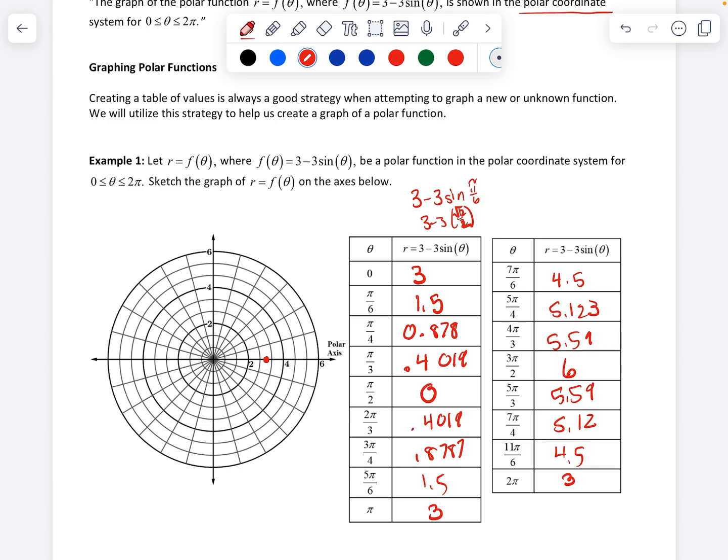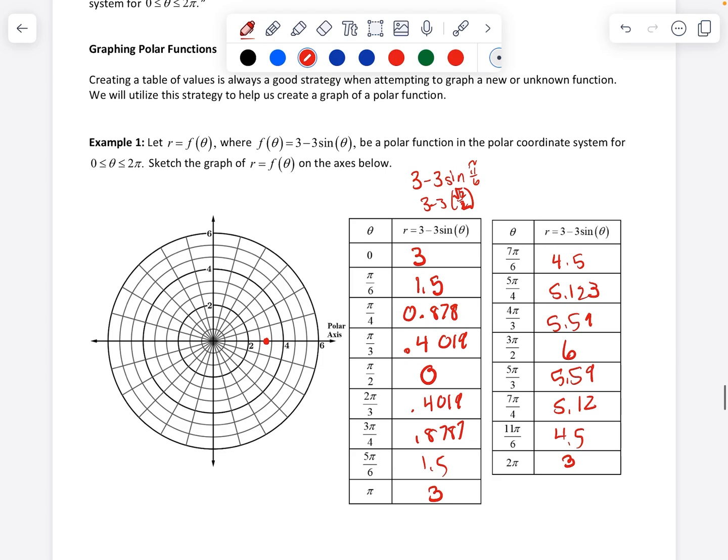So is this one pi over 6? Pi over 2 and 0. I'm going to graph the ones that are easiest. Pi and 3. So 3 has to be right about there. Is there another, 3 pi over 2 and 3?